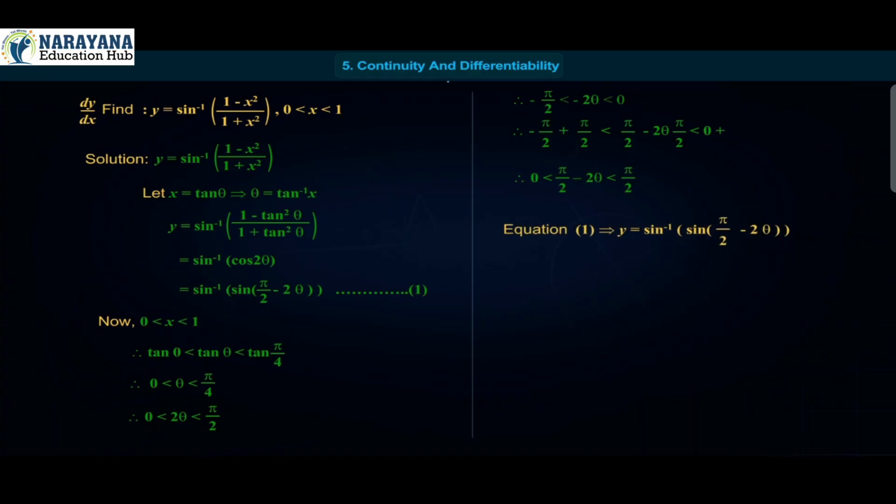Equation 1 implies that y is equal to sin inverse of sin (pi by 2 minus 2 theta). Therefore, y is equal to pi by 2 minus 2 theta. Therefore, y is equal to pi by 2 minus 2 tan inverse x. Therefore, dy by dx is equal to minus 2 upon 1 plus x square.